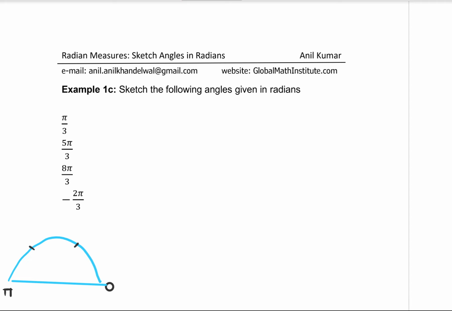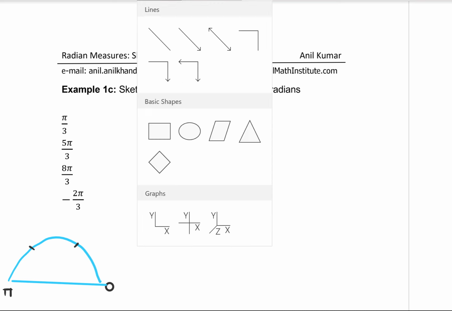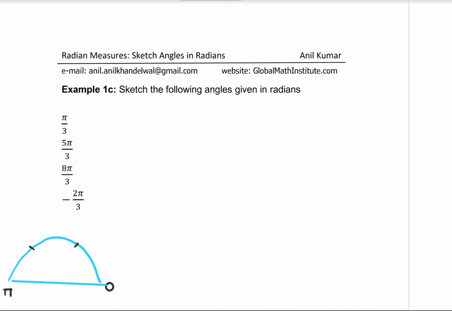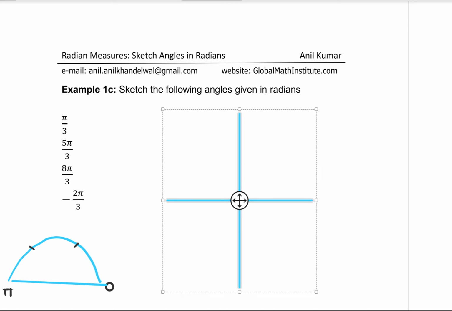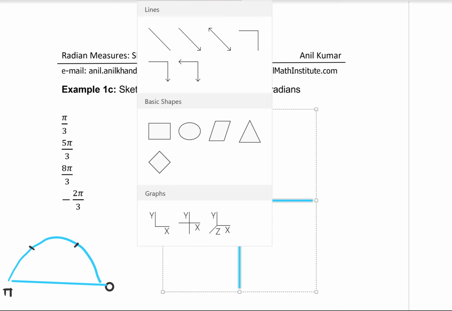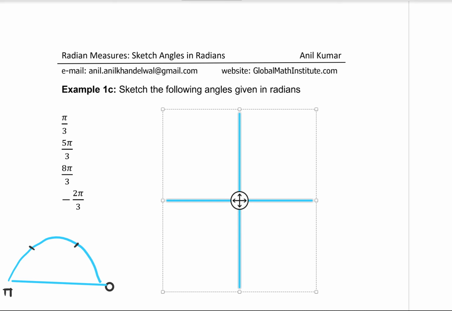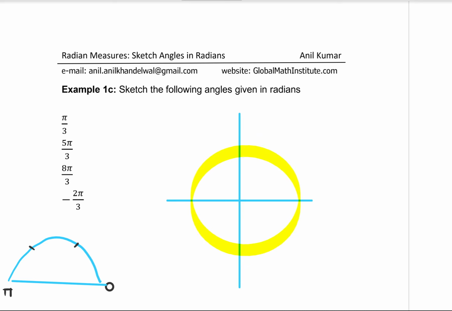So let's begin with making the coordinate plane first. So here is the coordinate plane. Let me color it blue. And in this coordinate plane, we are going to draw a circle which will be utilized to divide into equal parts. So here's your circle, right? So let me center this up.